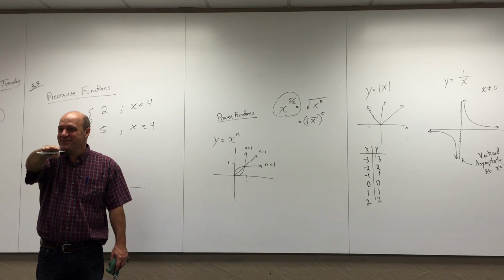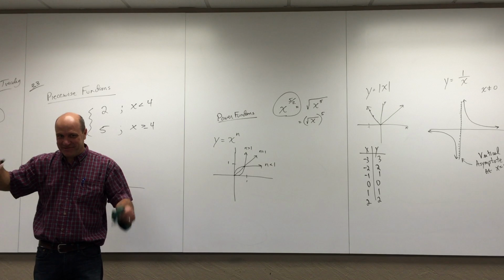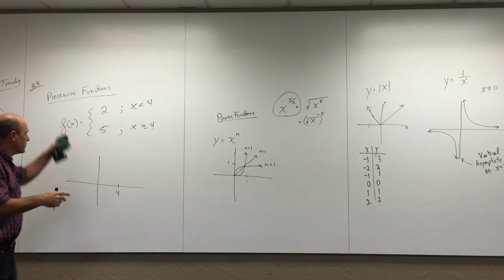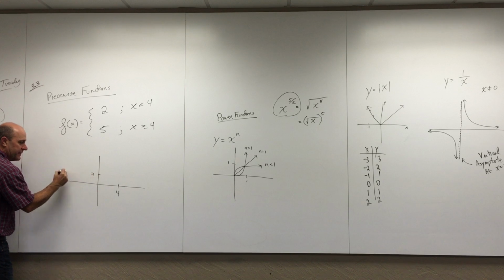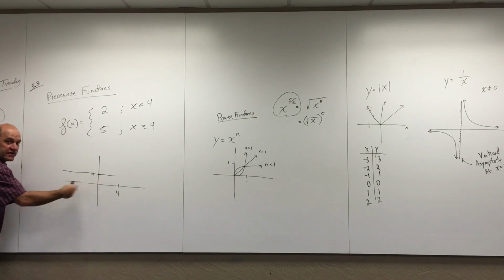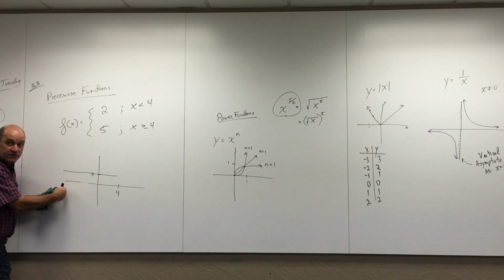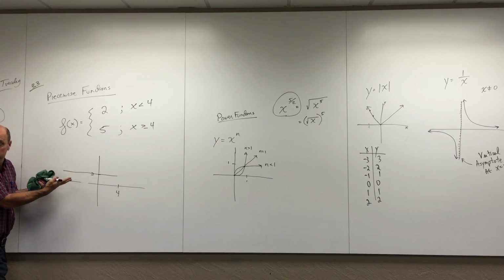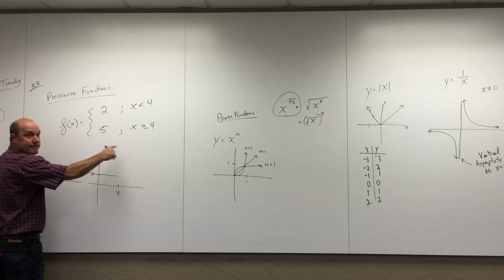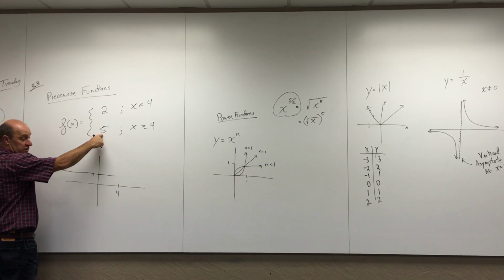It's y equals 2. It's so simple that, again, some of this simple stuff blows students away. It's called y equals 2, and it looks like this. And I'm doing that for all x values less than 4. For x values less than 4, I'm a 2. For x values greater than 4, my y value is 5.